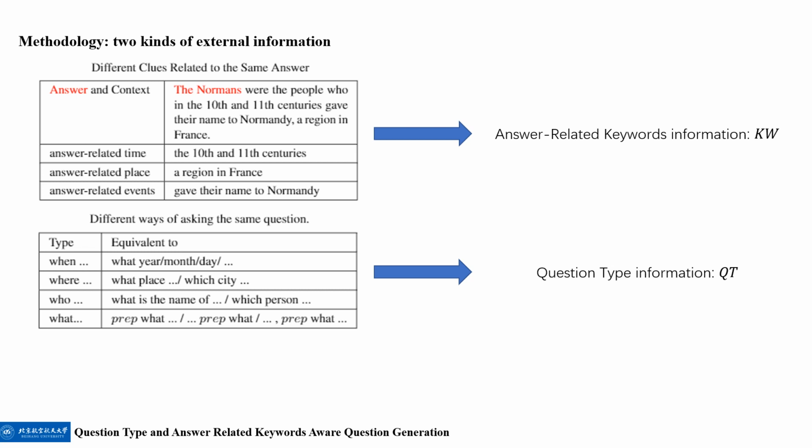The keyword information is represented by those words in the context that are linked to the specified answer. In other words, they are the clue words to the answer. The question type information is represented by the question type distribution of feasible questions for the answer, which defines the possible ways of asking about the answer.